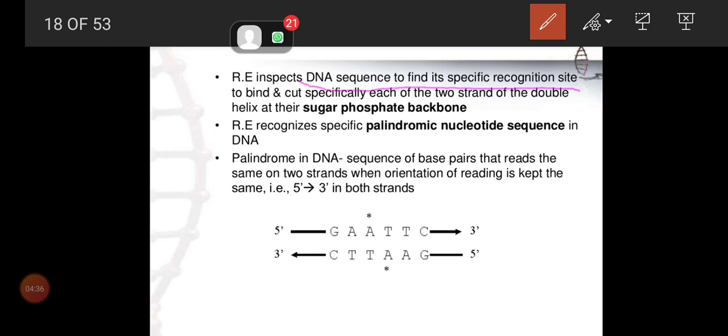After wrapping around, this enzyme has the capacity or potential to break the DNA strands at a time. Automatically we will get cleavage in both the strands. Okay, and how it will cut, that is also one beautiful mechanism. Simply, it won't cut at every base pair. Clear, children?